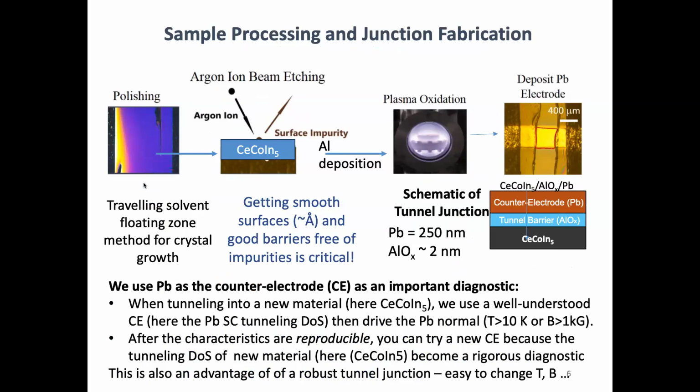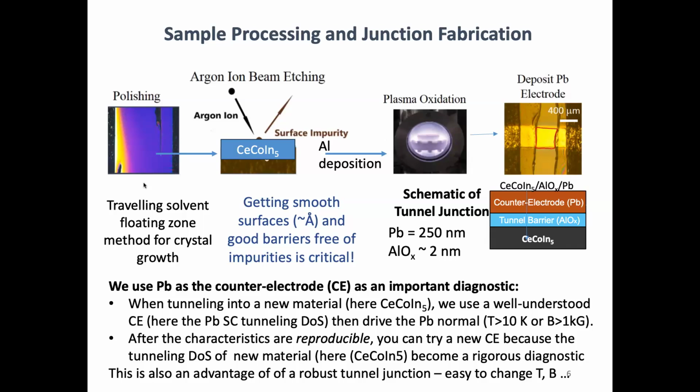We've gotten some from Zach Fisk and Ryan more recently. That's how they're grown, traveling solvent float zone method, and you polish like crazy. It could take you a few days. We have a lot of internal reports, and it's mentioned in papers how we can polish these. I'll give you some numbers on how flat they are later.